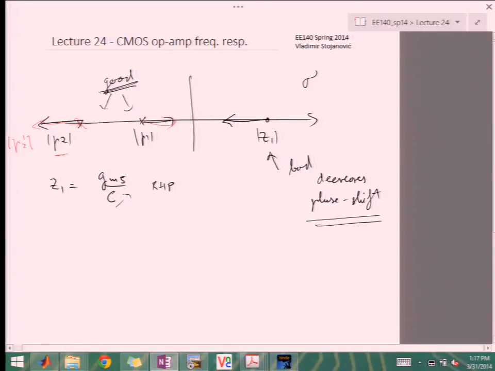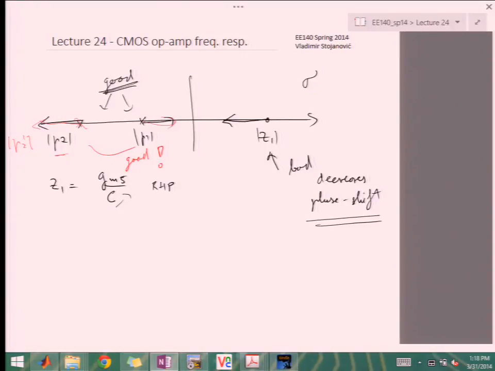Now, one of the bad artifacts of this pole splitting was something we previously neglected when we only looked at poles. We said this effect was good, because we're getting separation in poles. We're not only moving P1 to be lower, but we're also extending P2.